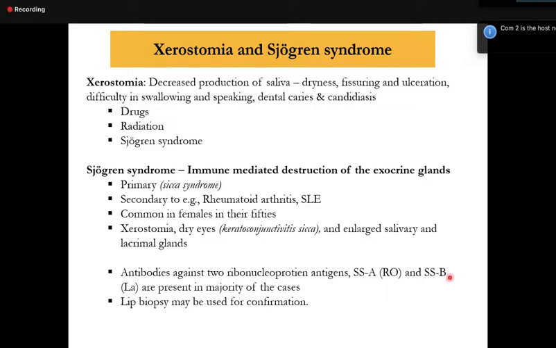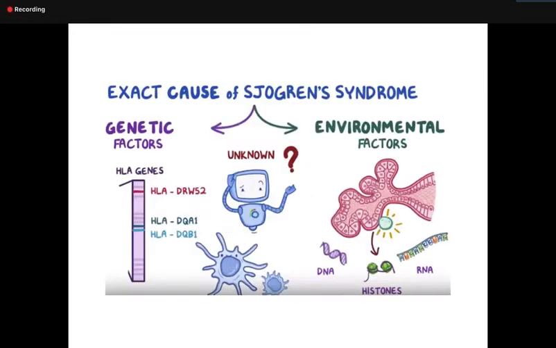But they are not very specific because they are found in other connective tissue disorders as well, like SLE, but they are helpful in the diagnosis. Definitive diagnosis is a lip biopsy, which will show destruction of the salivary glands with lymphocytic infiltration.